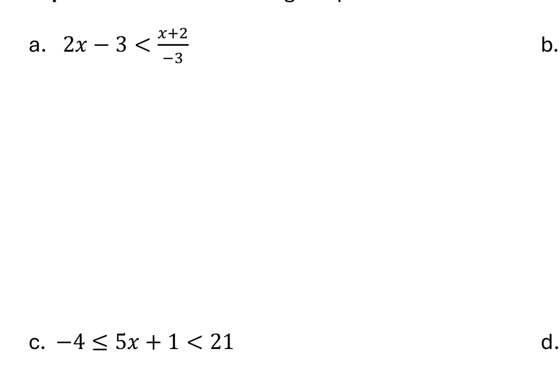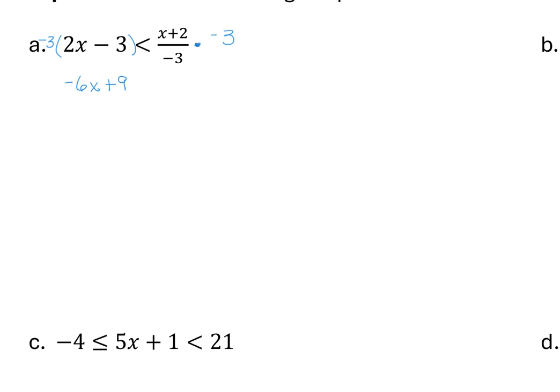So if we go ahead and multiply by negative 3 on the right side, again, we're going to do the same thing on the left side. And what we get is negative 6x plus 9.